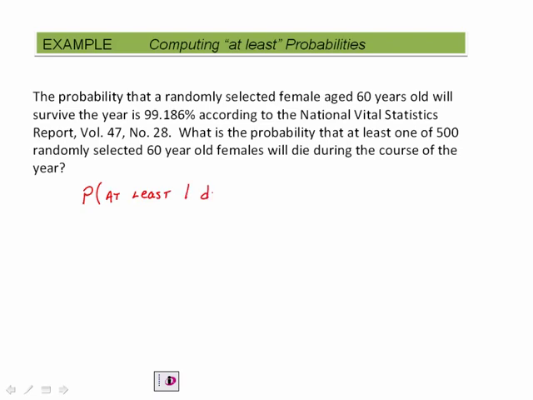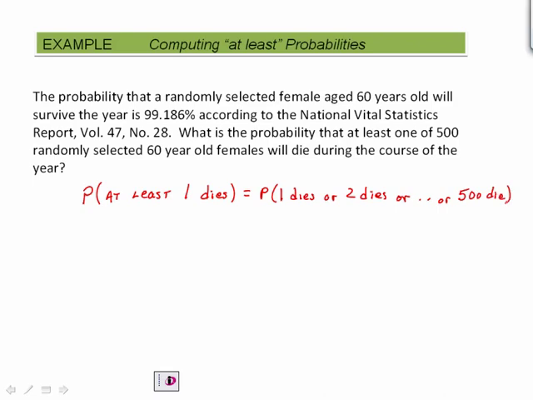at least one dies. Now let's think about this. To compute this probability, that would mean the probability one dies or two dies or three dies all the way up to all 500 die.